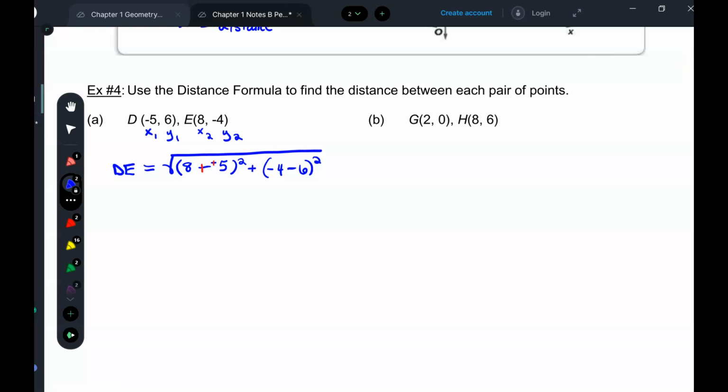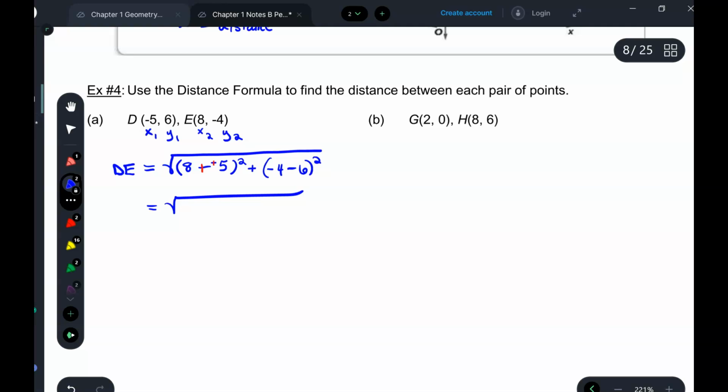Okay, so 8 minus negative 5 becomes 8 plus 5. So that's going to give us 13 squared. And then negative 4 minus 6 is negative 10 squared.